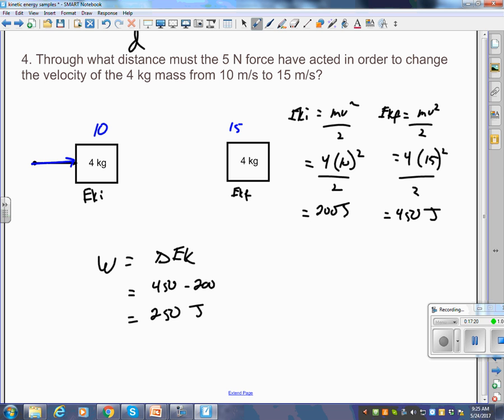Somebody did 250 joules of work. And now W equals FD. That's 250. 50 meters, I think, right?